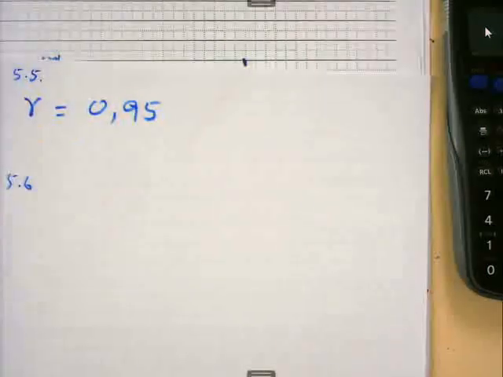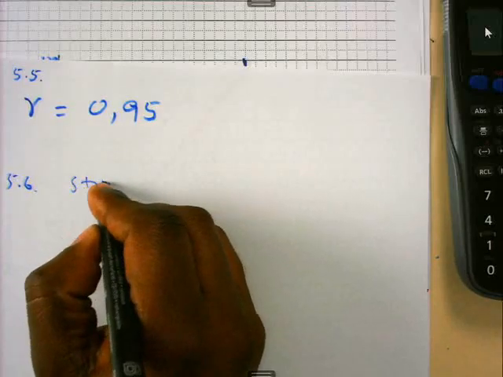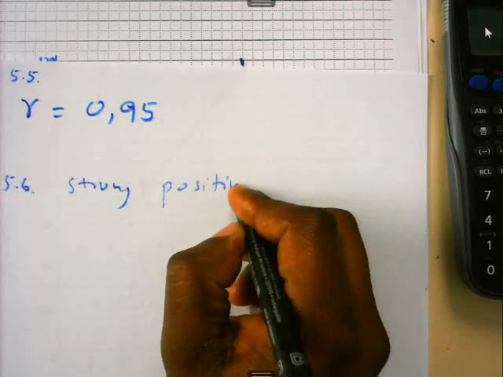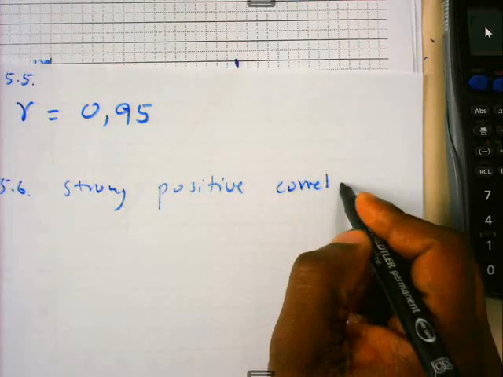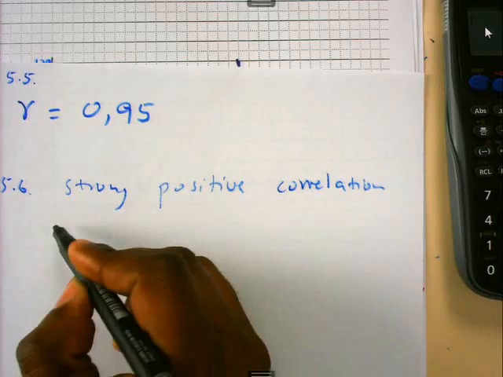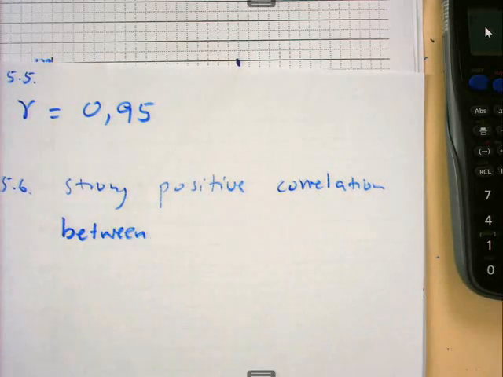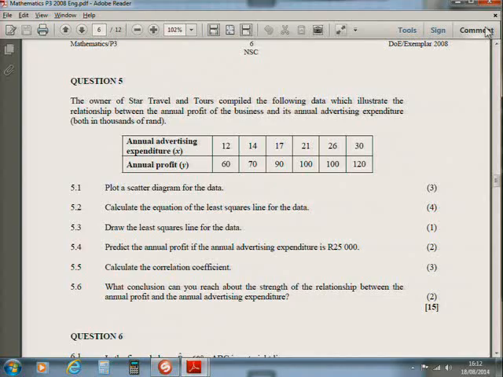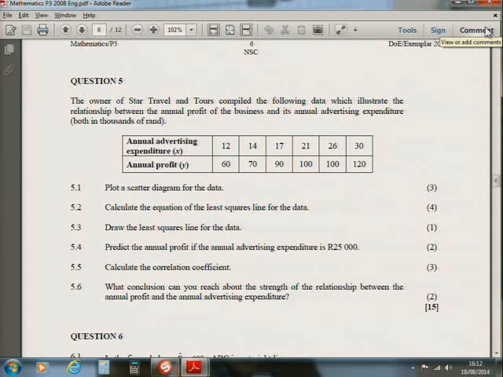It means your answer then is we have a strong positive correlation here between, let's go to the question, the annual advertising expenditure, and the annual profit.